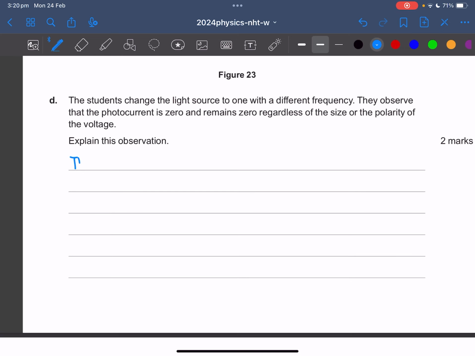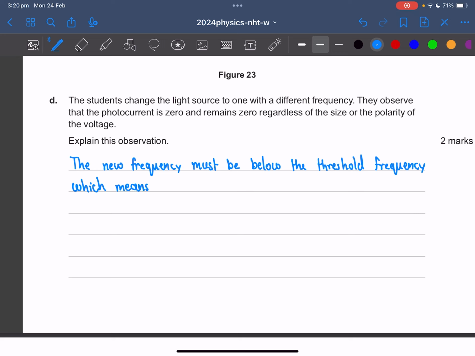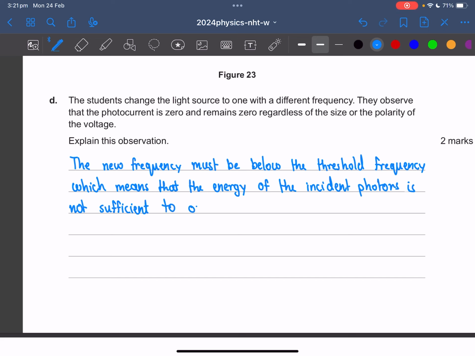Okay, so we can write this down. So the new frequency must be below the threshold frequency, which means that the energy of the incident photons is not sufficient to overcome the work function.